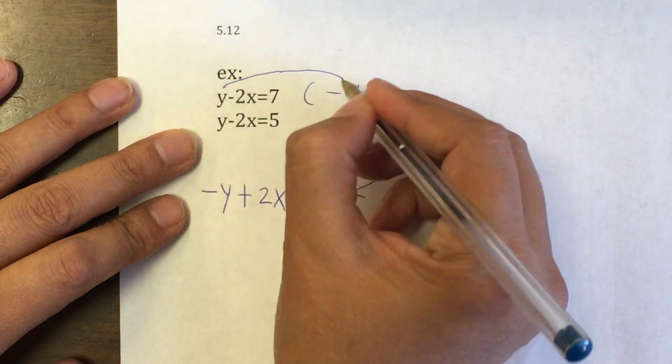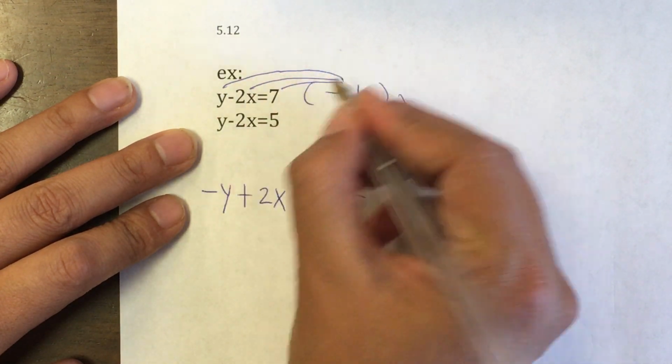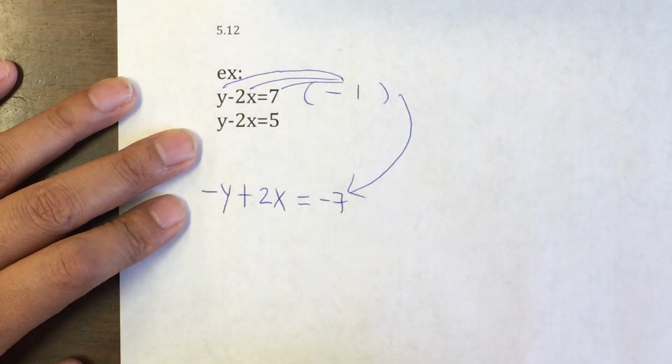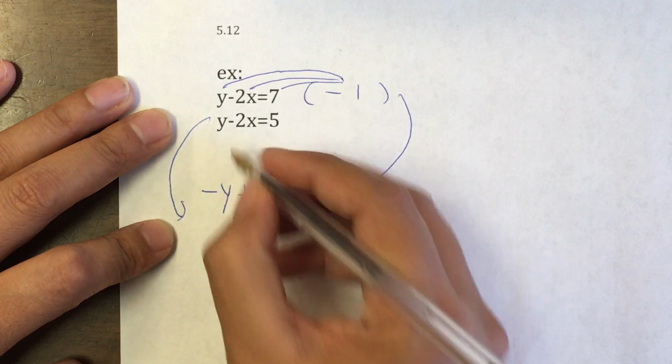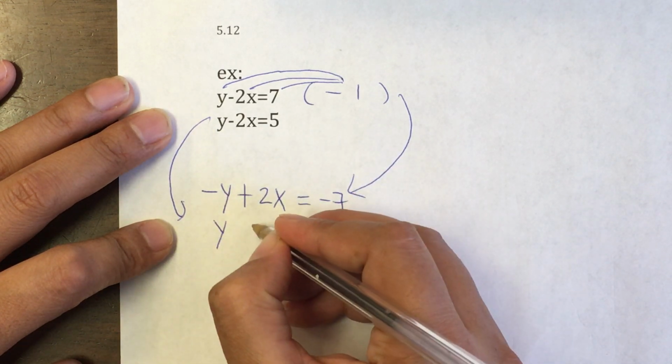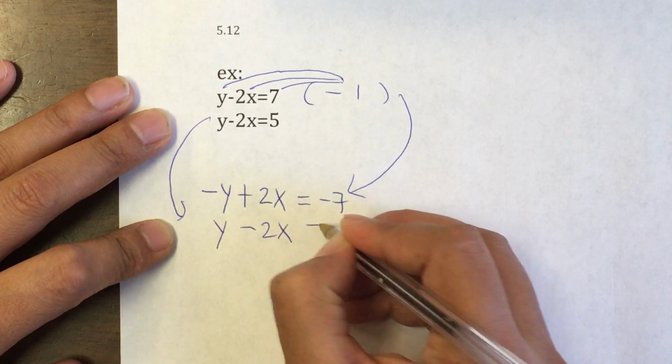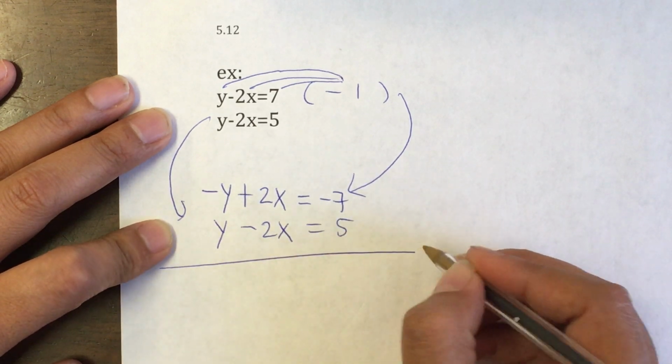Remember that you have to multiply every single term, including the other side of the equal sign. This one, you're just going to bring it down the way it is, and so you have +y, -2x, +5.